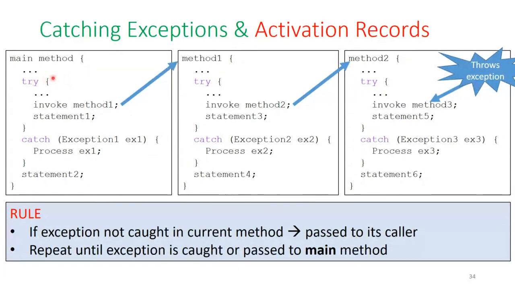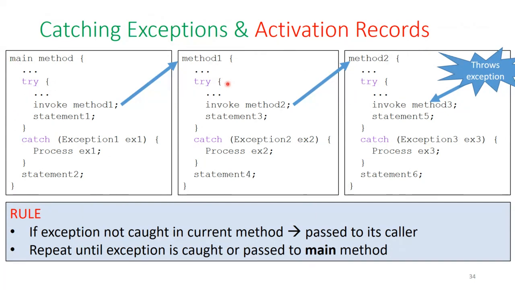It's just to show the structure of a try-catch block in this method and that method, and that inside the try block we are going to call another method. For example, here the main method invokes method 1. This is a call to method 1, represented by this blue arrow. Then method 1 has some statements, some work being done.